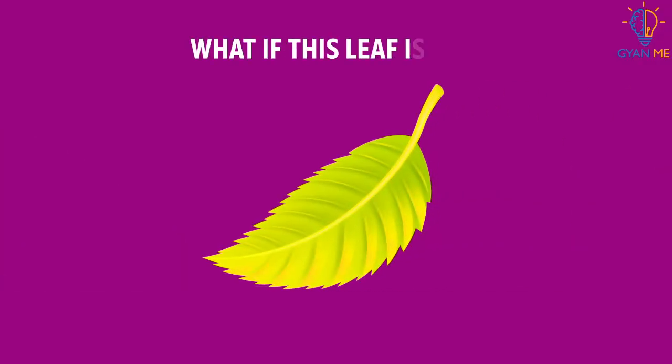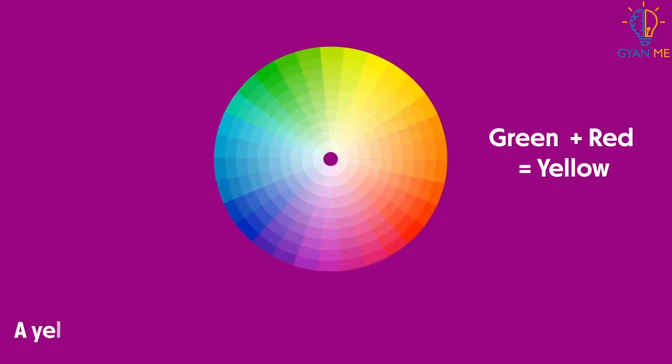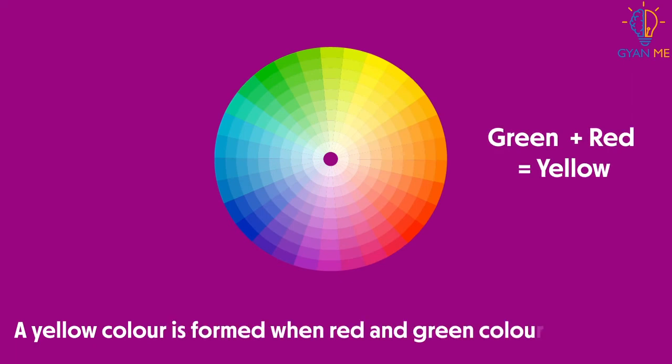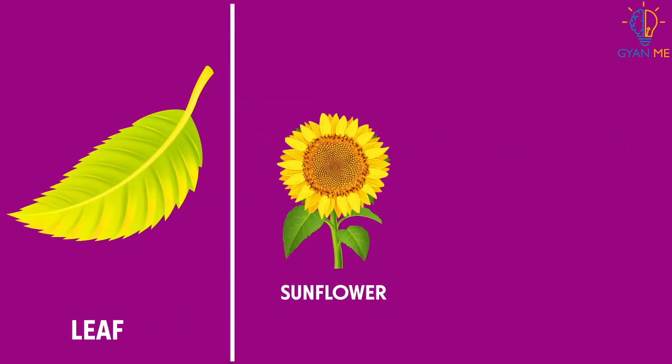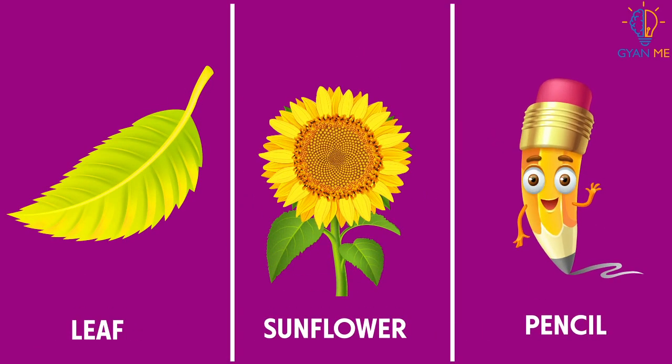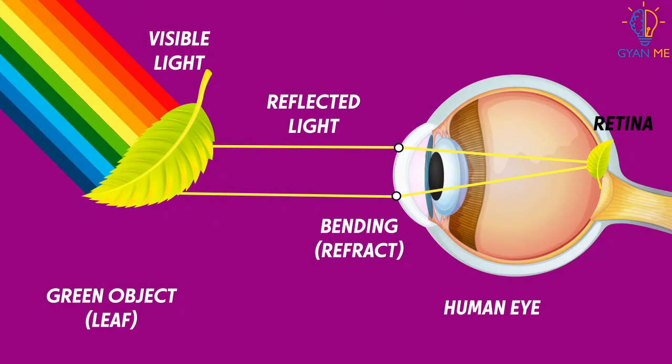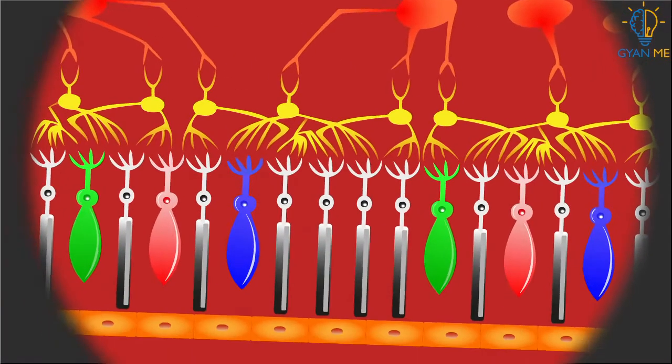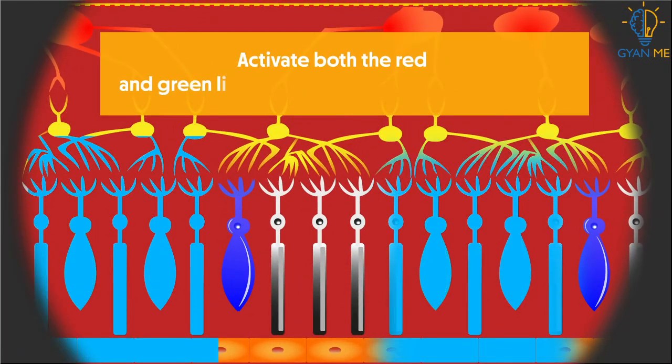Now, what if this leaf is yellow? A yellow color is formed when red and green colors are mixed. Everything that looks yellow to us, like this leaf or a sunflower, etc., is because the rays of the light coming from them activate both red and green light sensitive cone cells of our retina.